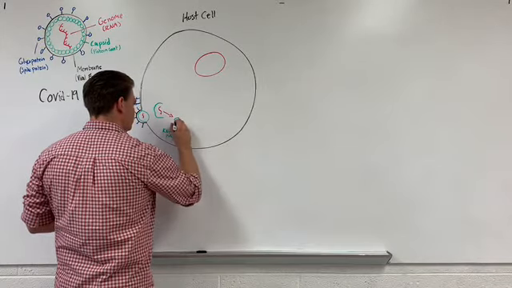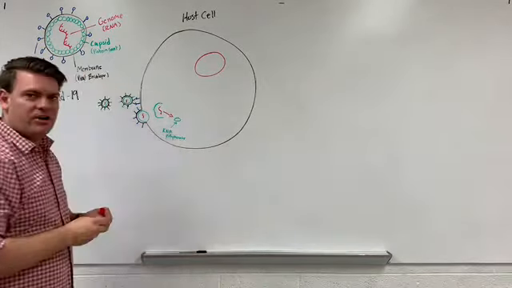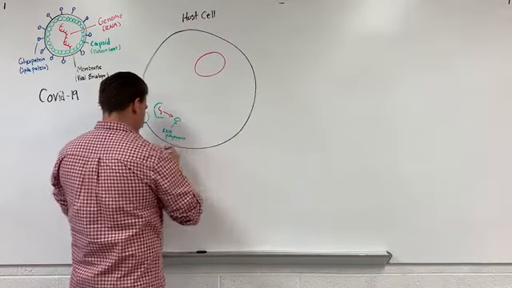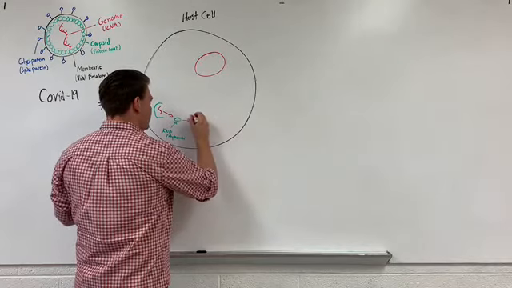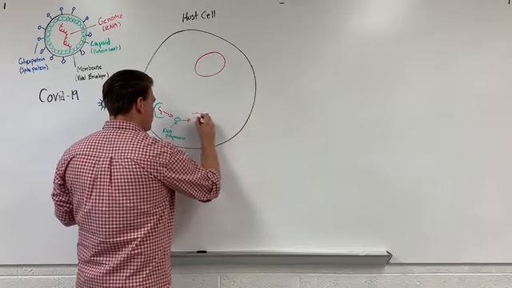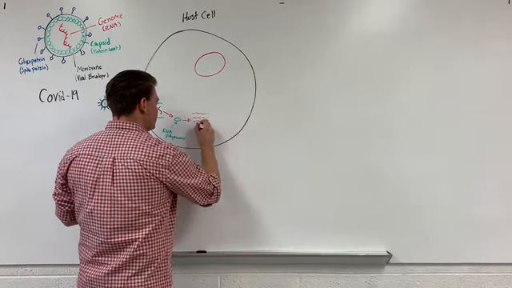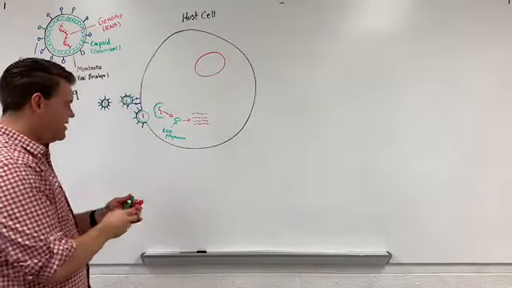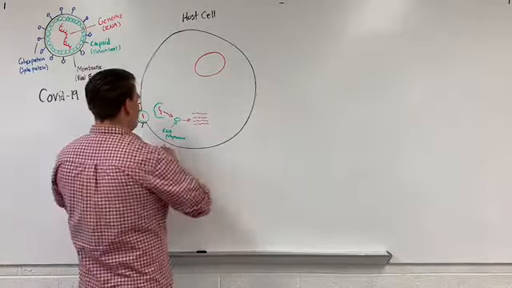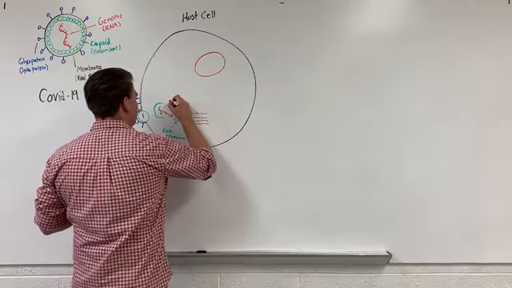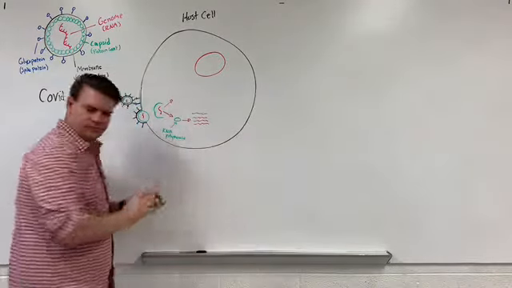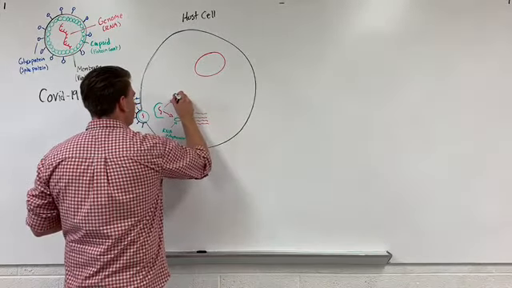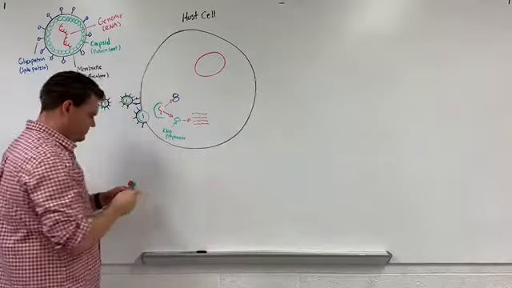So remember, RNA polymerase creates more RNA, so it's going to end up making more copies of the viral RNA. Then another thing it will do, it will hijack a ribosome.